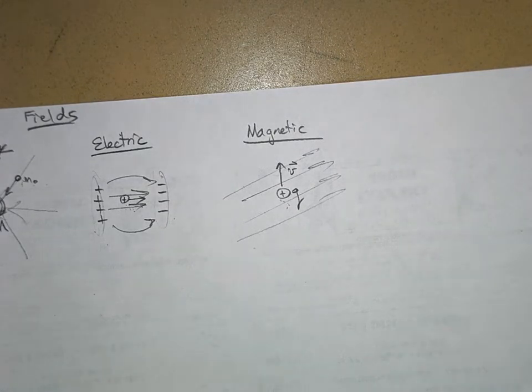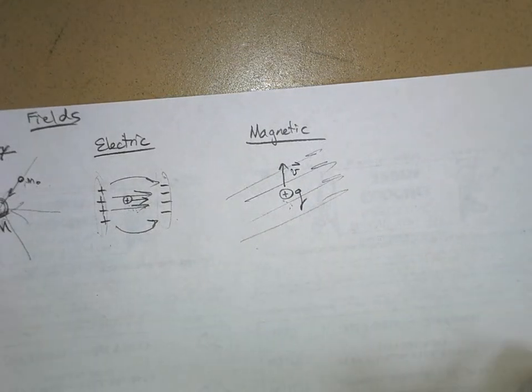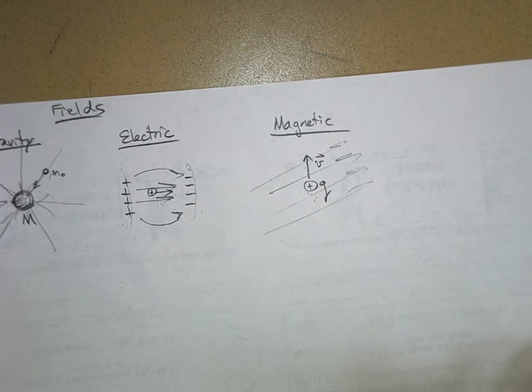Anyway, these two scientists worked together because they were seeing magnetic fields deflecting compass needles and applying forces and so on. And so they did some experiments, and this is what they came up with. Okay?